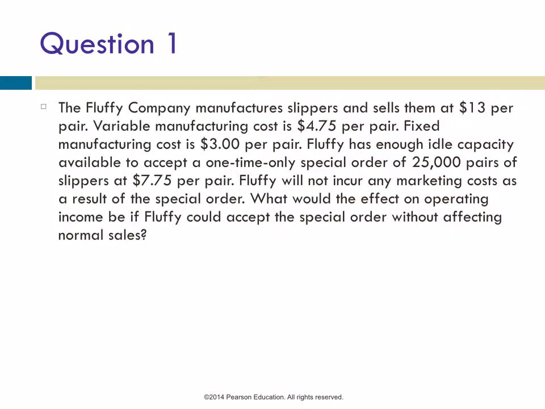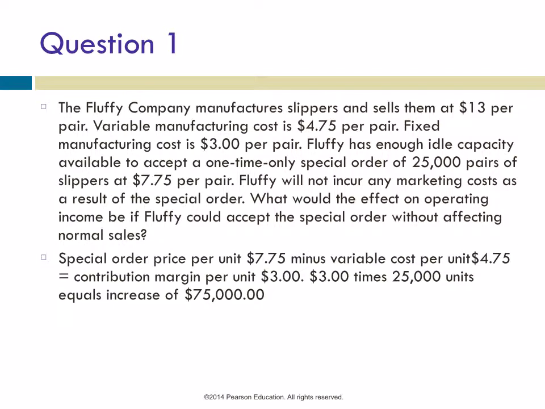Look at the amount that they're willing to pay us, $7.75 a pair, and then if we subtract the $4.75 from the $7.75, that gives us the contribution margin per unit for this order, which would be $3 per pair.